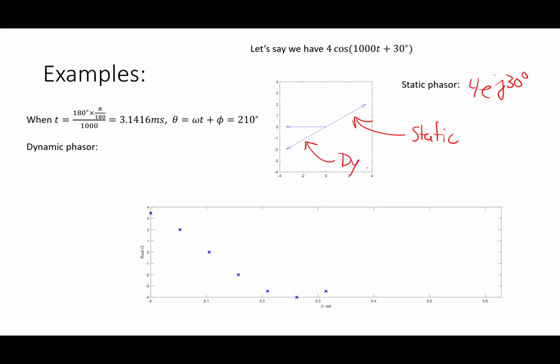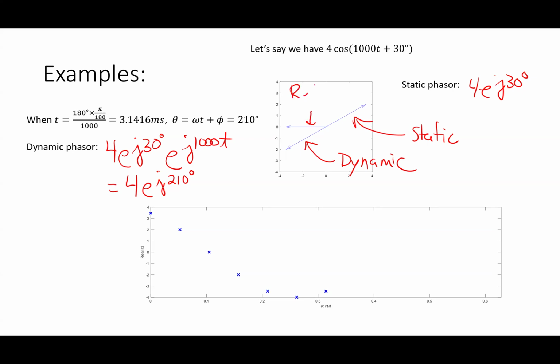This is the dynamic, which is 4e^(j30 degrees) times e^(j1000t), right? Which at this particular point in time is 4e^(j210 degrees). Okay. This is the real part of the dynamic, like that. Okay. And I'm just trying to show that relationship.